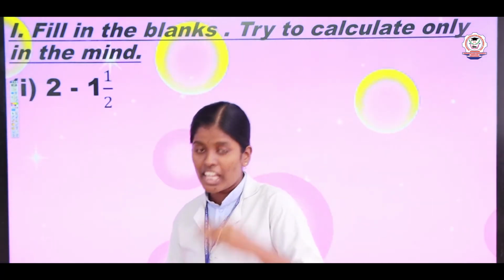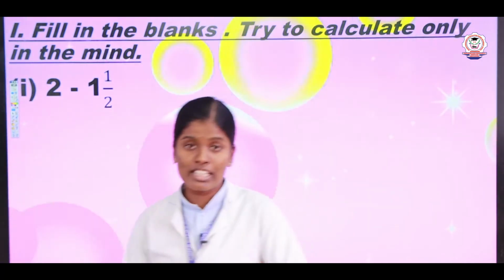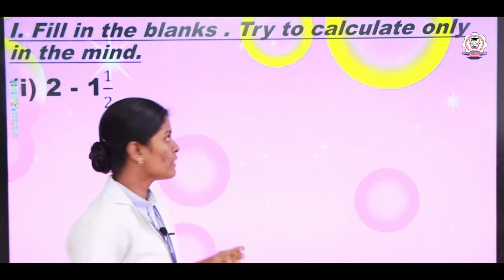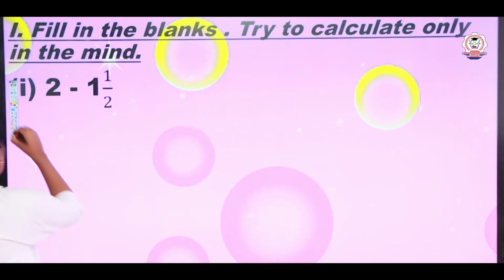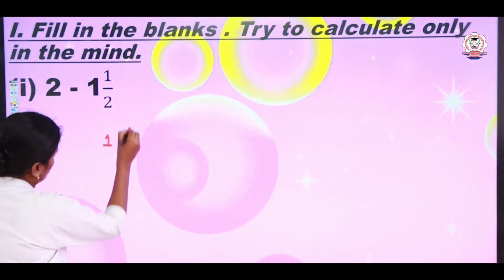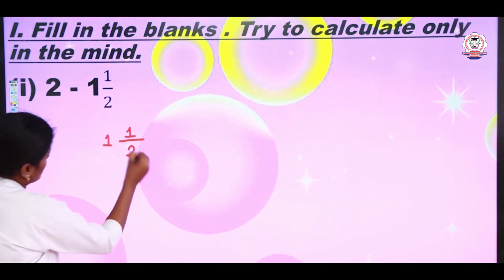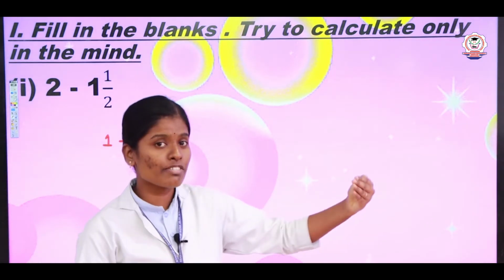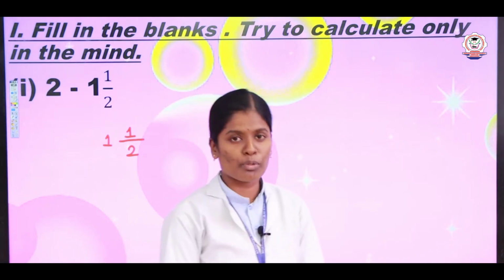So first this mixed fraction you are going to convert into an improper fraction. So take 1 1 by 2. Right, so this is a mixed fraction. In this mixed fraction you are going to convert into improper fraction.